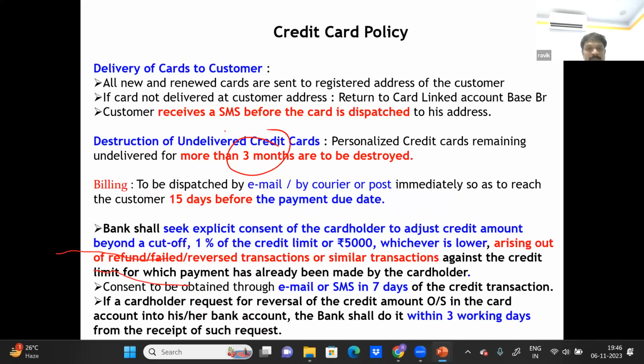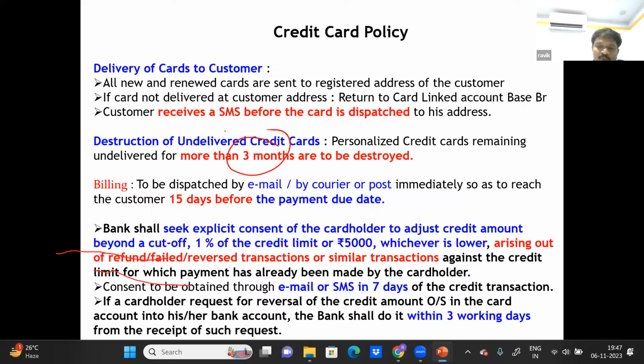Okay. Now, the bank shall seek explicit consent of the card holder to adjust the credit amount beyond a cutoff of 1% of the credit limit or 5,000, whichever is lower, arising out of refund, failed, reversal transactions, or similar transactions against the credit limit for which payment is already made.